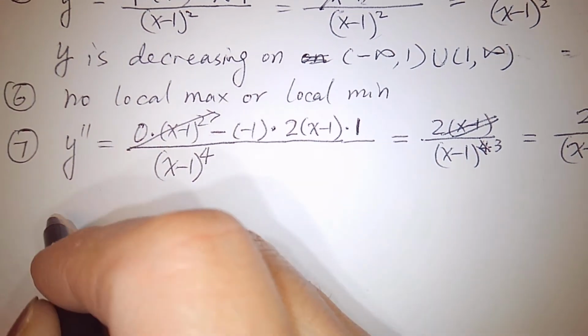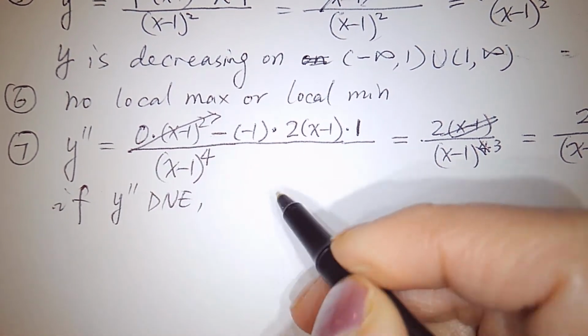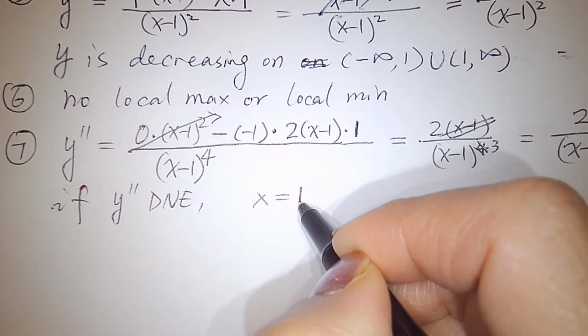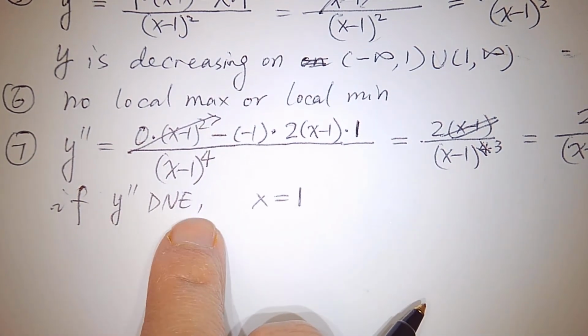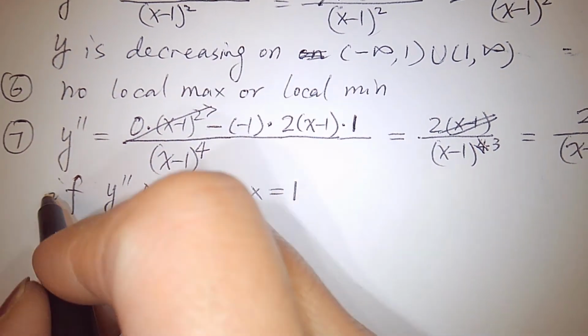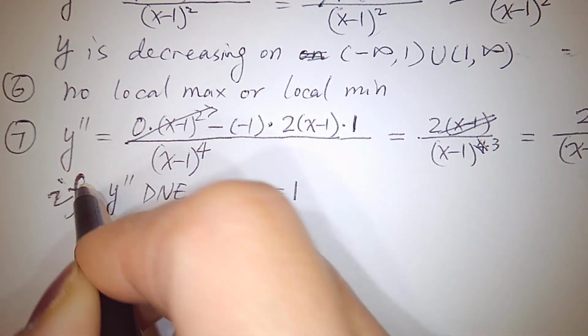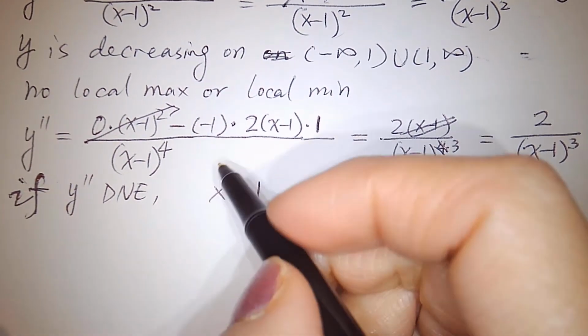There's no case that y prime prime will equal 0. So we can only say, if the second order derivative does not exist, we have x equals 1.